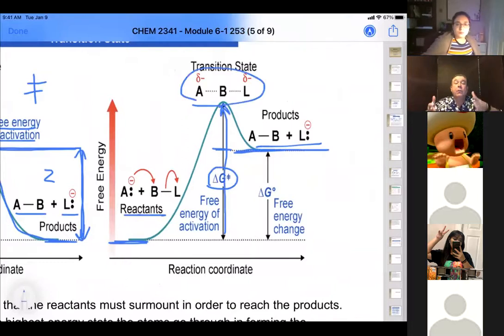Number two, we have to put all this energy into the products that we are going to end up making. Our products have more potential energy. So we have to push energy into the system. And this is what we call endergonic or endothermic, where it takes energy to form these products.